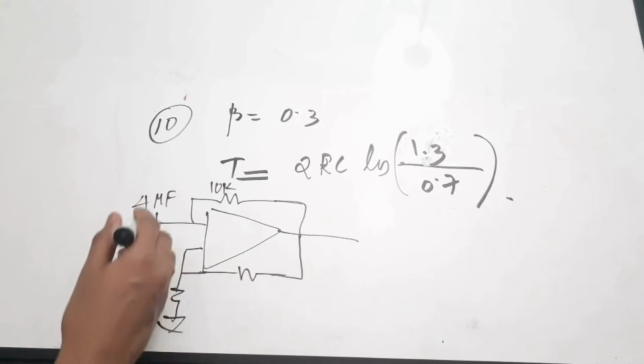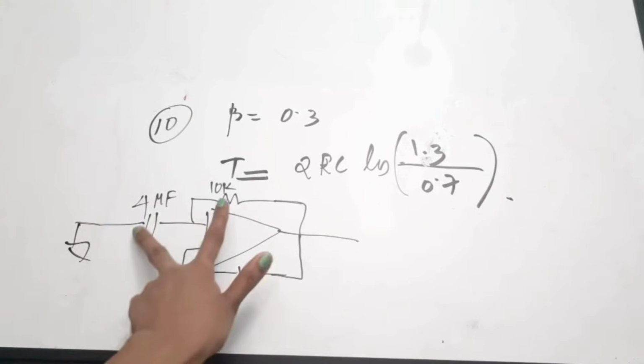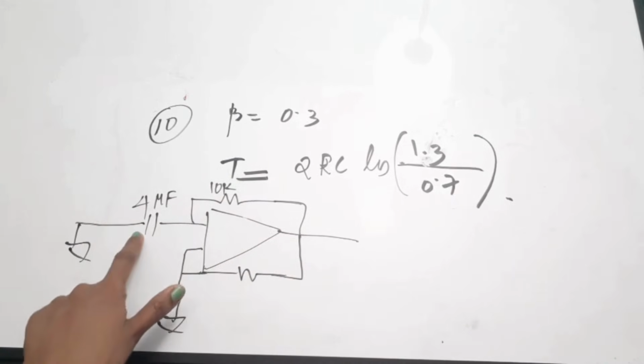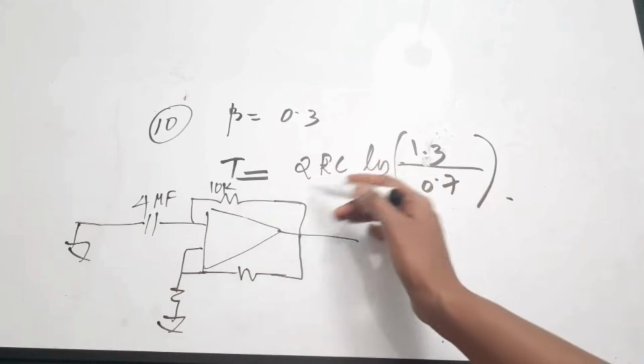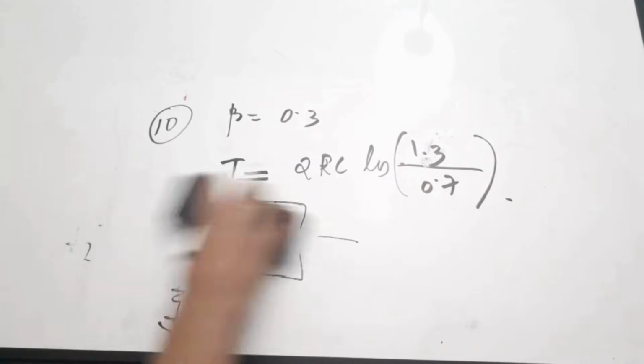The values of those resistances are not given and not required. So this is acting as the feedback unit. So R is 10K, C is 4 microfarad, right? So you have to substitute R as 10K and C as 4 microfarads from this diagram and then solve this to find T. Okay, now I'll remove it.